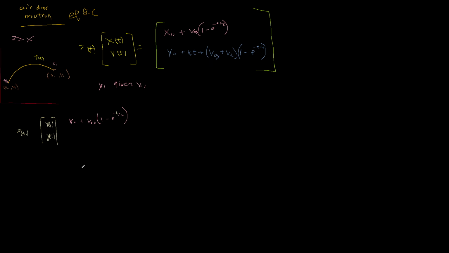And then in the y, we have y naught plus our terminal velocity at time t1 plus, and then obviously we have all of these at time t1.